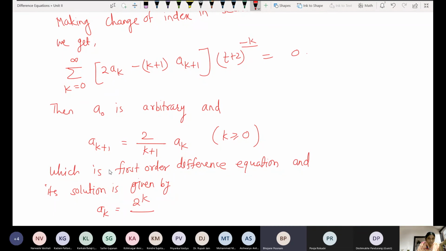So a_k is equal to 2 to the k upon k factorial times a_0, since the k plus 1 term will be repeated k times. A_0 I can take as 1 also.